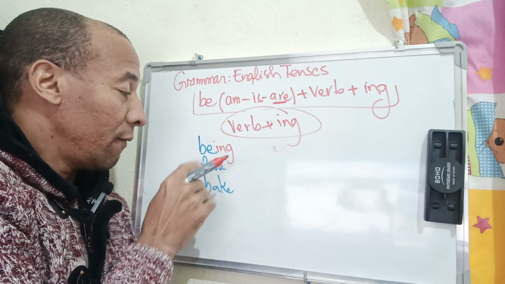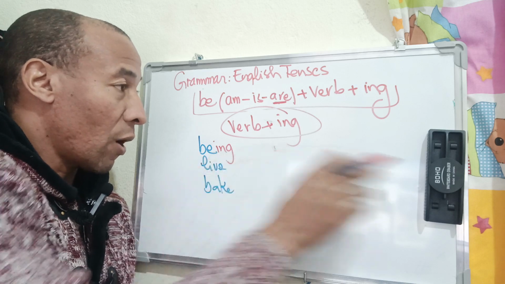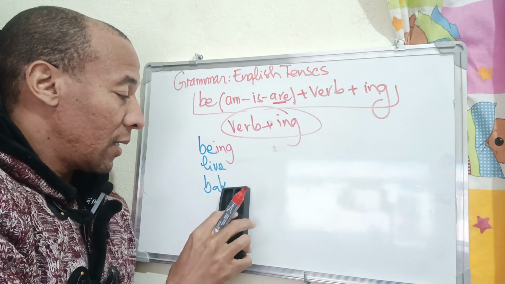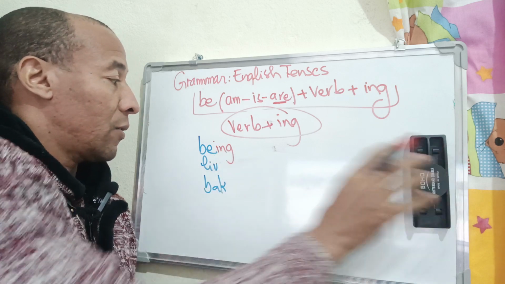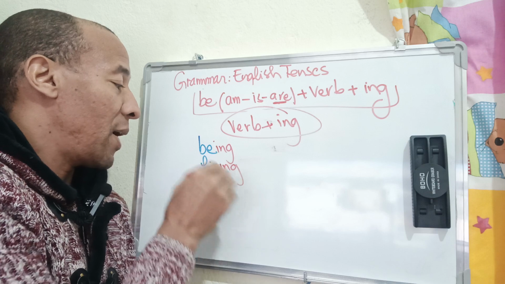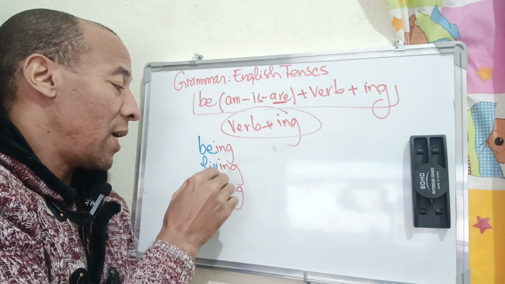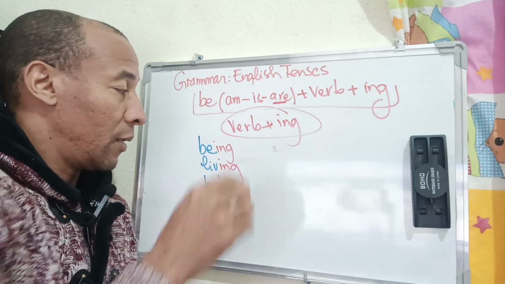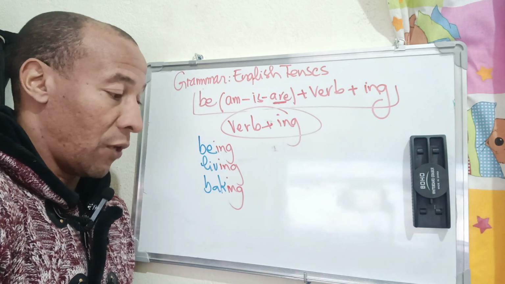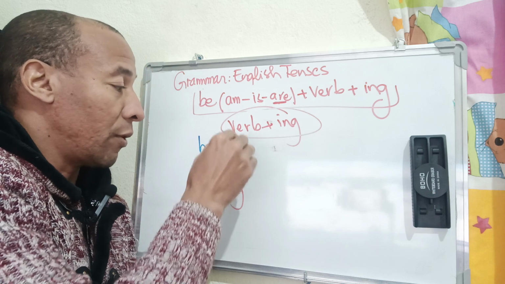Now for live هادي we drop e bake. So living baking right. So this is for this category of verbs. Let's see another category.